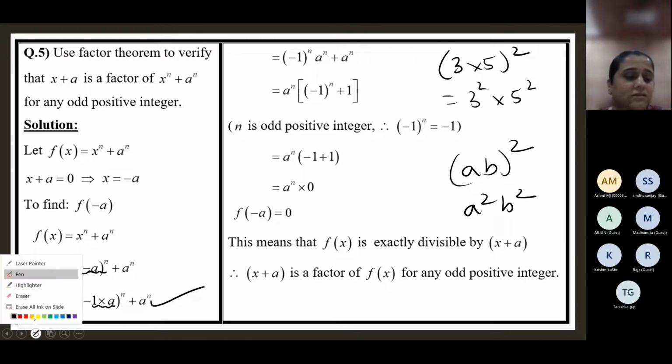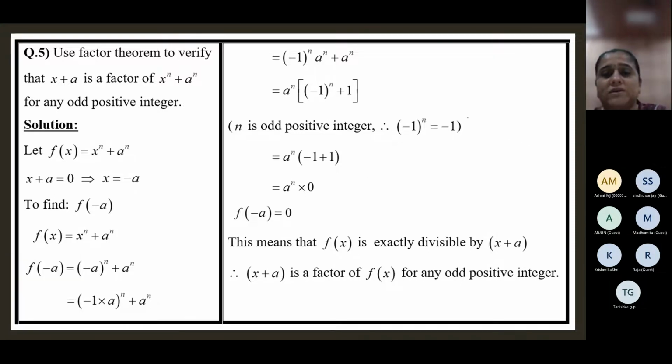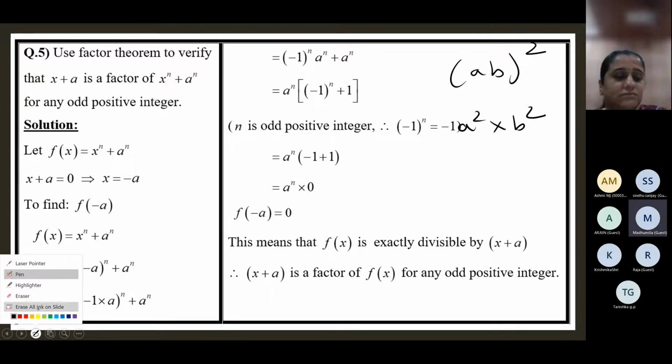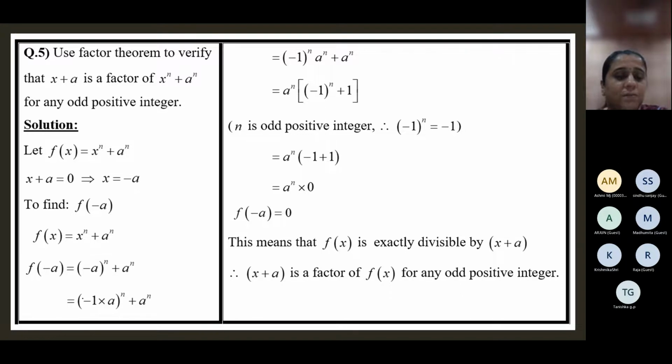The power is applicable to every term inside the bracket. Yes or no? Yes, ma'am. So now here we have minus 1 into A, the whole power n. That means the power n will be applied to minus 1 and to A.